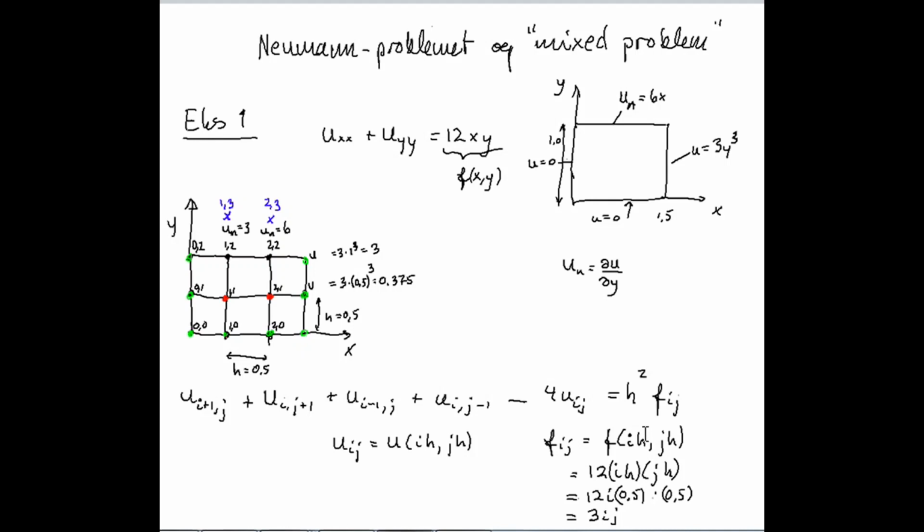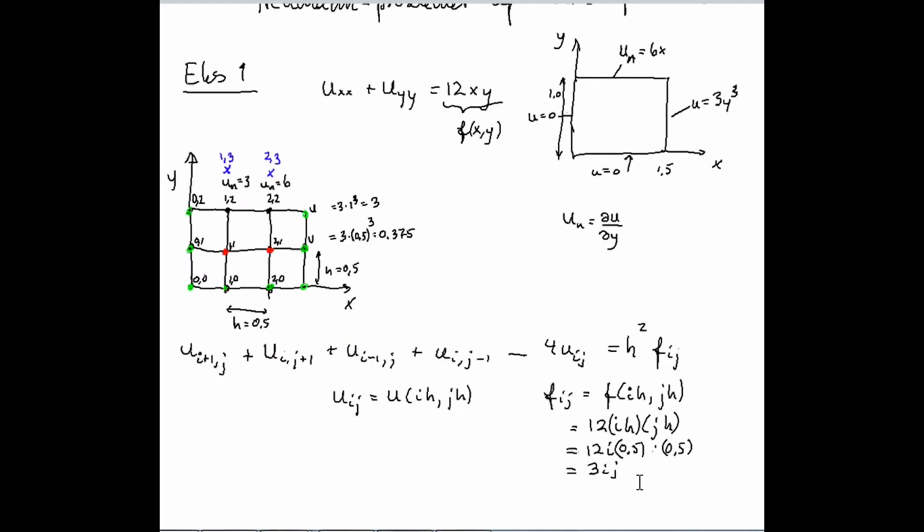And since we know that f is equal to 12 times x times y, we obtain F_ij by putting this value instead of x and this instead of y into the description of this function, and we obtain that this is equal to 3 times i times j.